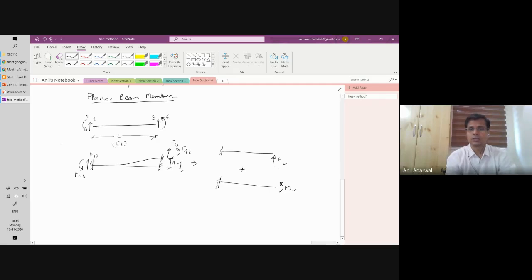So let's do that. What do we need to do? We need to calculate delta at this location and theta at this location. Likewise, we calculate delta and theta at the other location. We will call these delta and theta because of F, and these delta and theta because of M. And what we need to make sure is compatibility.